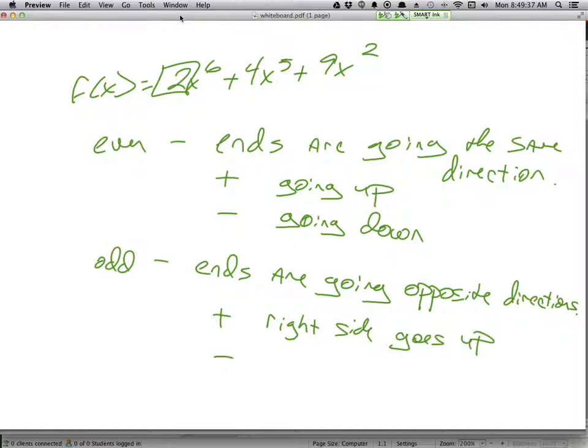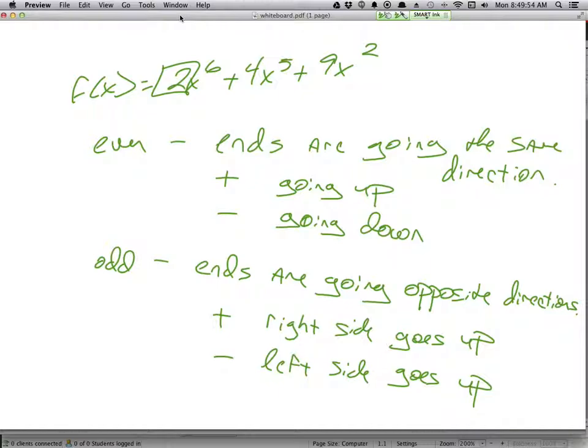And if it's negative, the left side goes up. Okay, so that's all the information you need to be able to tell what the ends of a graph are going to do.